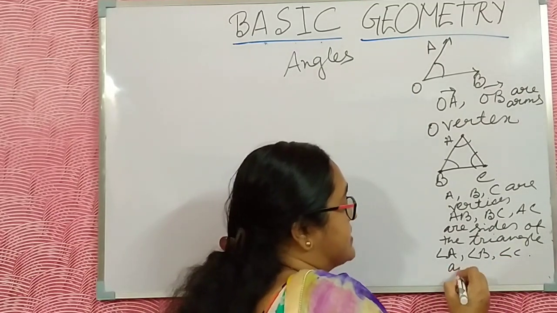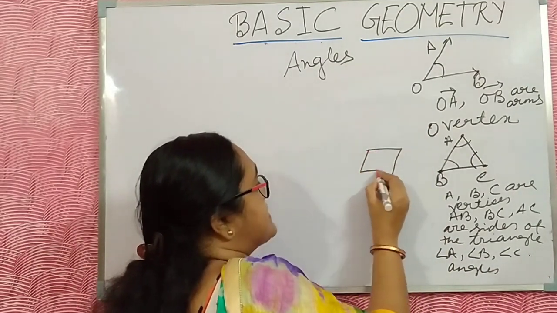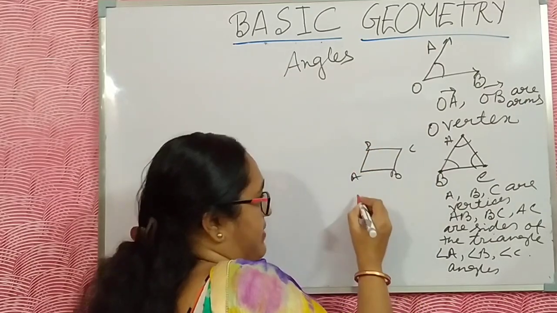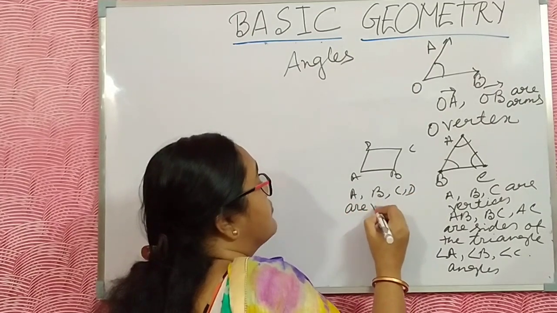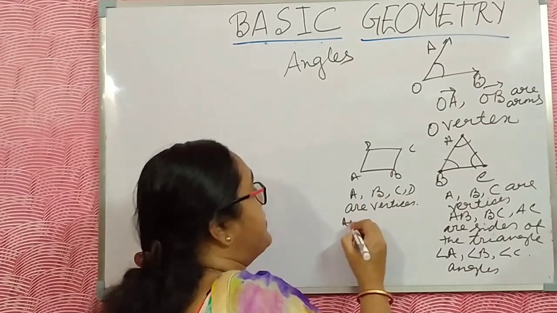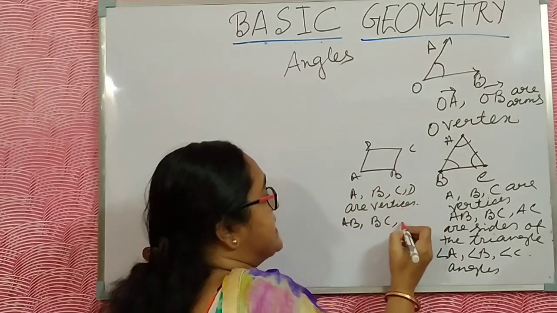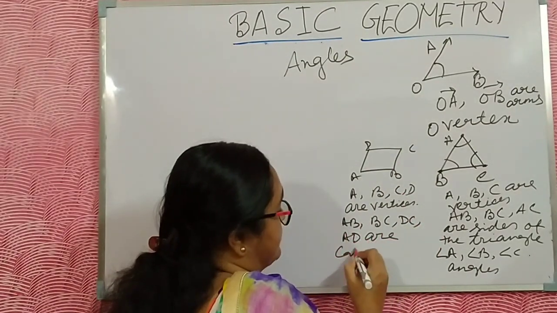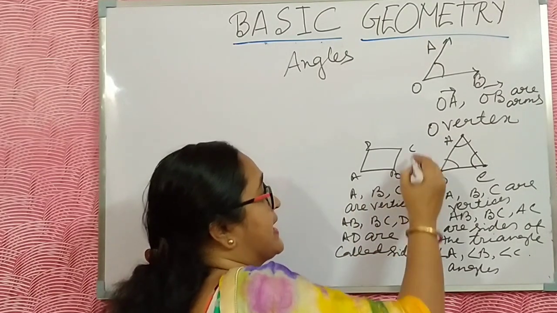Same as the quadrilateral, here I write the names A, B, C, D. Here A, B, C, D are vertices. And AB, BC, DC and AD are called the sides of the quadrilateral.